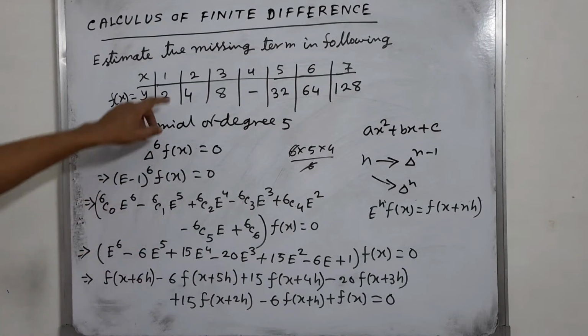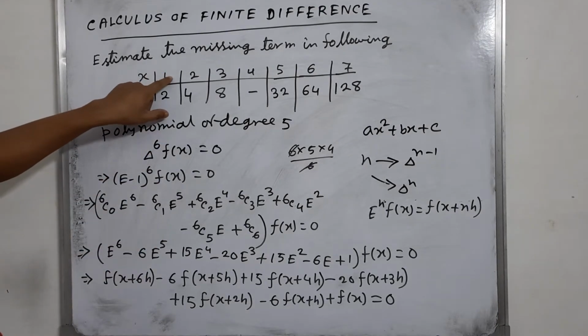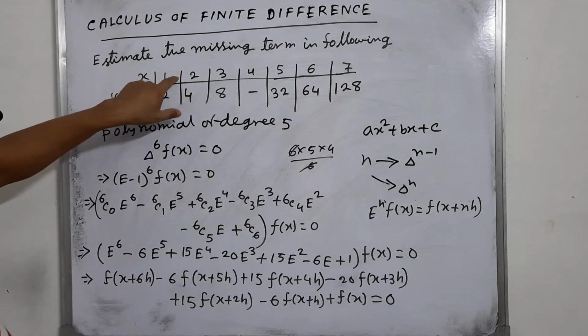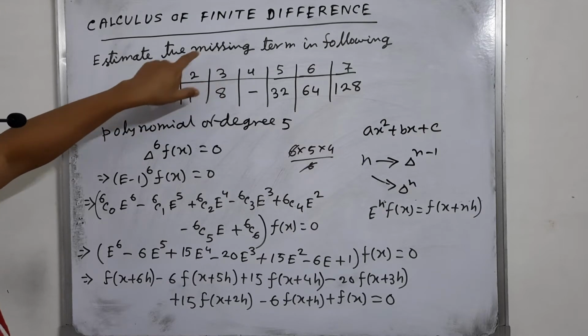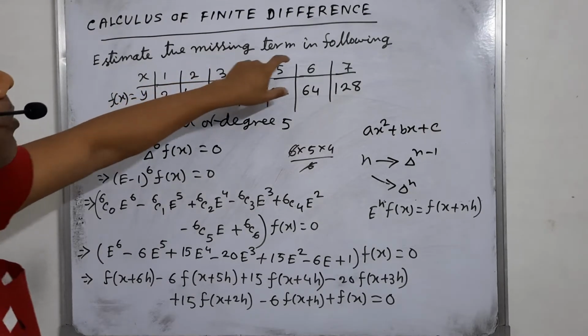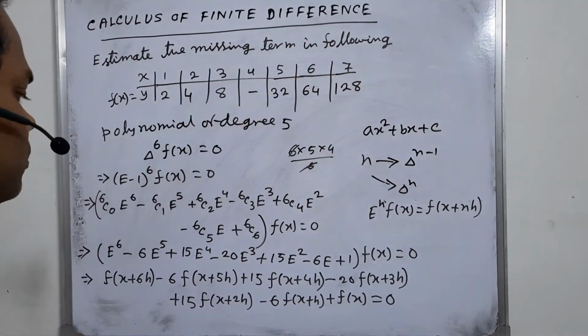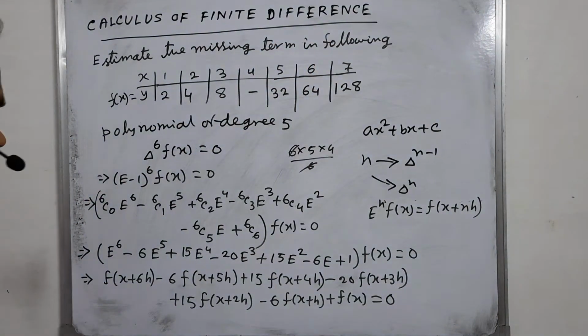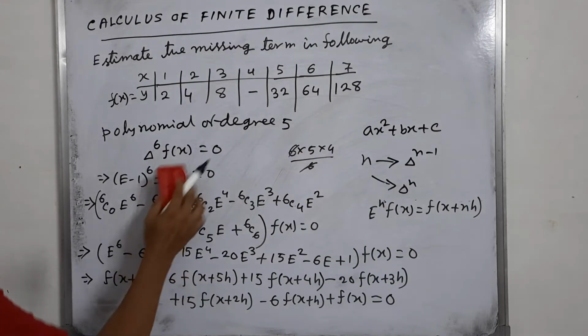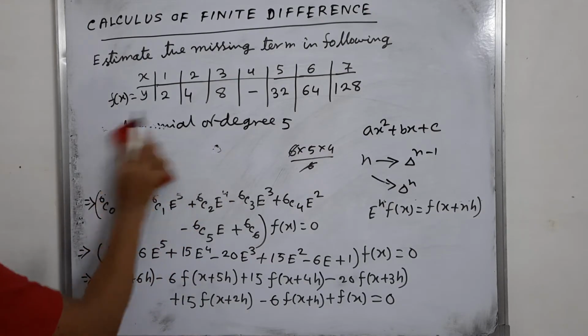Now you see that the difference between two values of x is 1. 2 minus 1 is 1, 3 minus 2 is 1, 4 minus 3 is 1, 5 minus 4 is 1, 6 minus 5 is 1, 7 minus 6 is 1. So we use h equals 1.